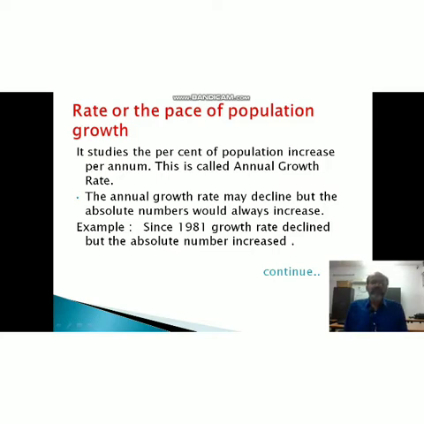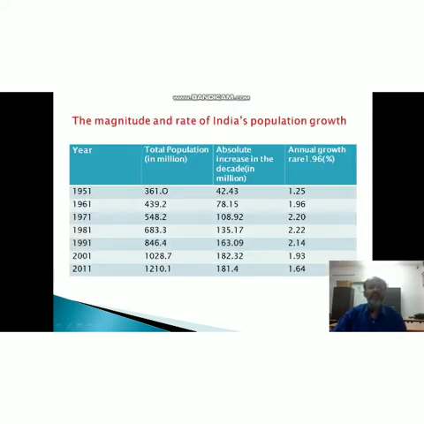The annual growth rate may decline, but the absolute number would always increase. We will learn this by example. We know that since 1981 the growth rate declined but the absolute number increased.